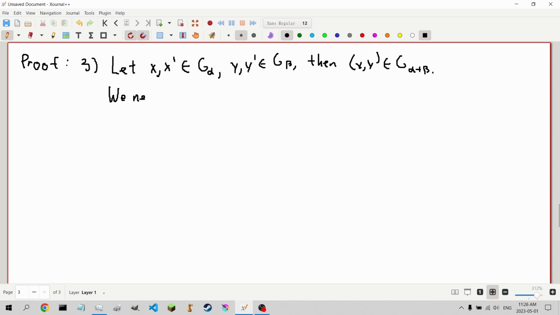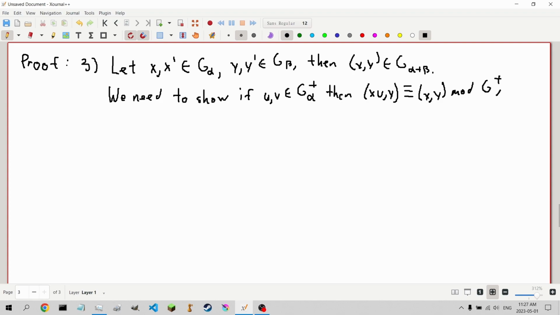So we need to show that if we have two elements called u and v from G alpha positive, then the conjugate of x times u with y is equivalent to x conjugated with y mod G positive alpha plus beta.